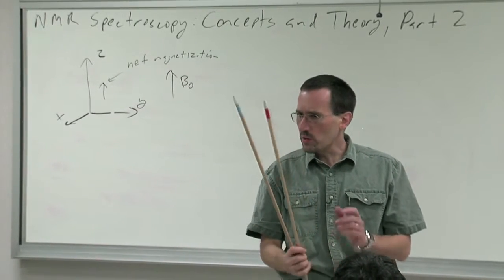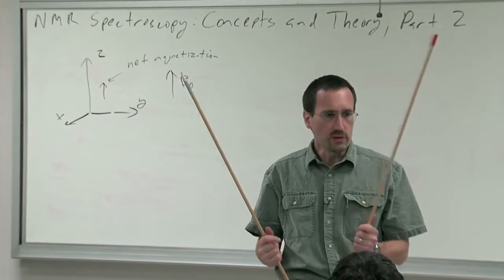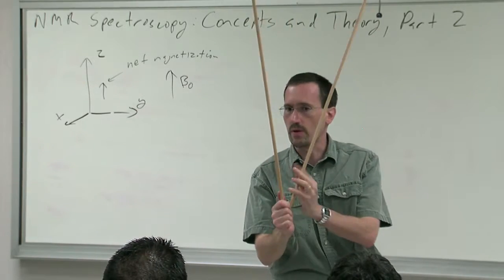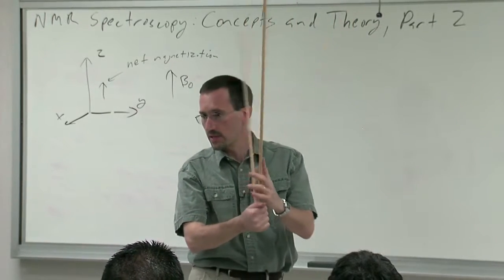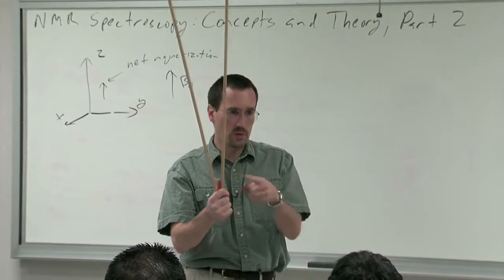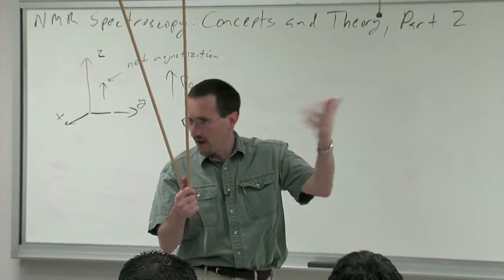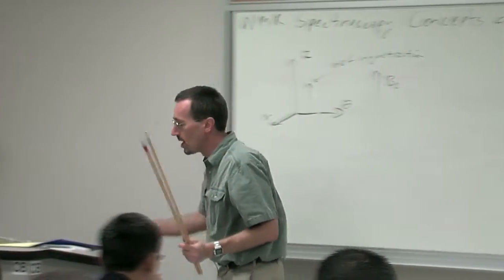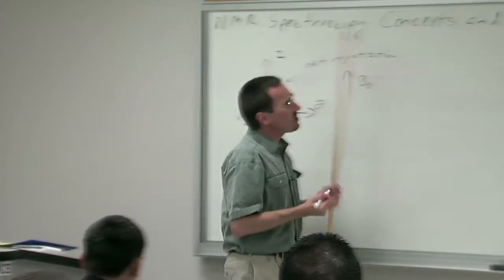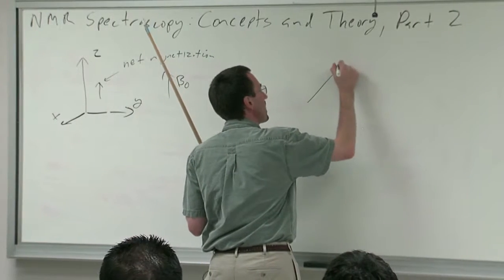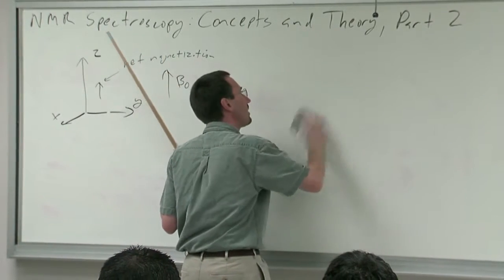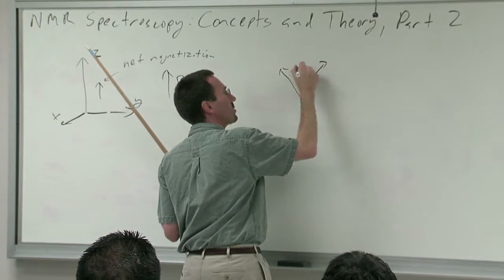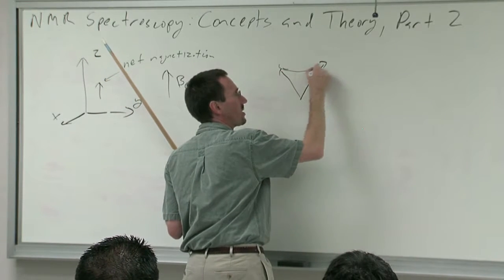Now, the way it works when you apply a magnetic field is you actually have those vectors precessing around. In other words, they are precessing at that resonant frequency, at the Larmor frequency, at 500 megahertz for a 117,500 Gauss magnet. So we actually can represent this by saying, okay, we've got spins pointing in every which way, and I'll just draw two directions.